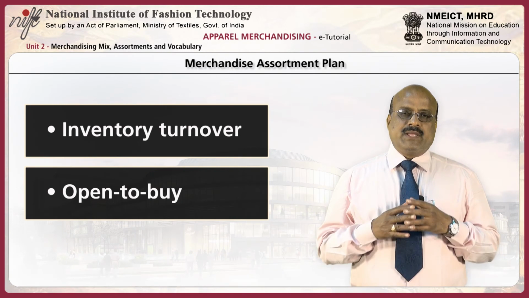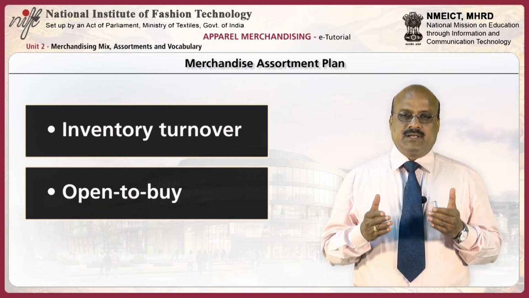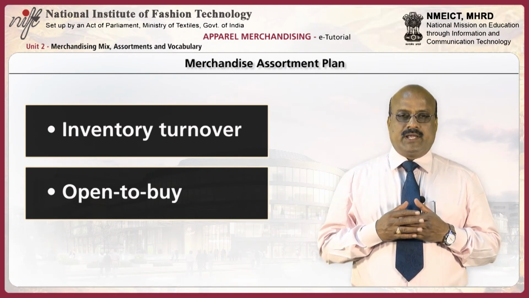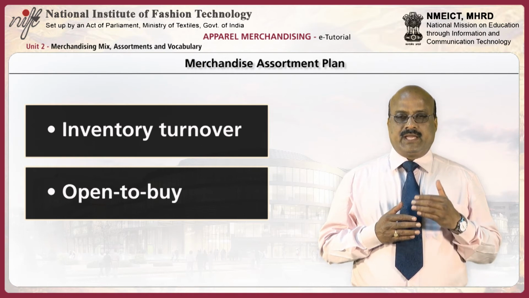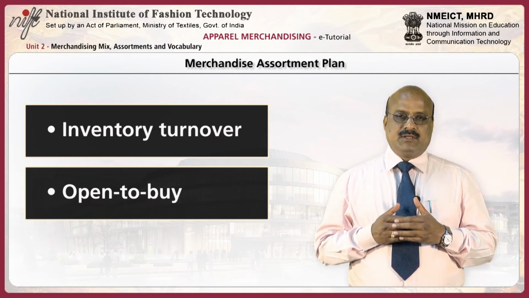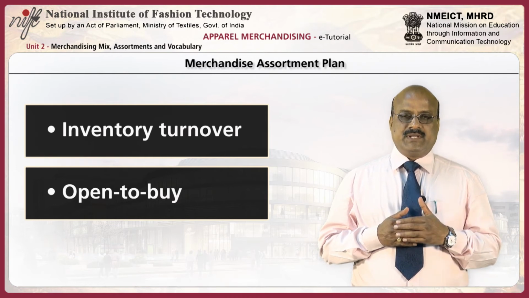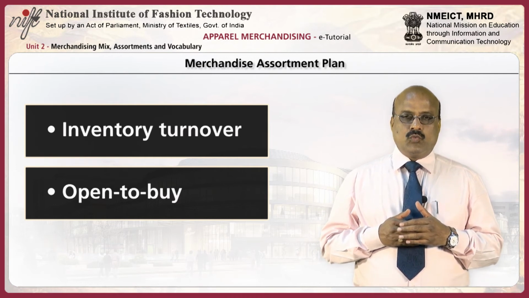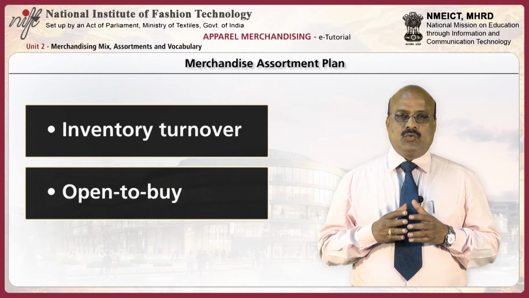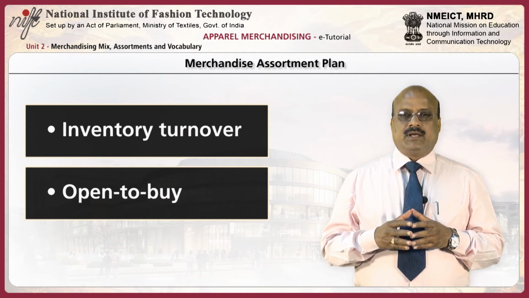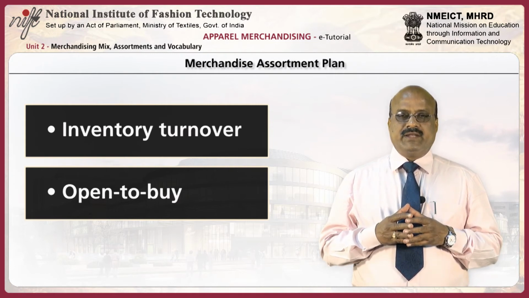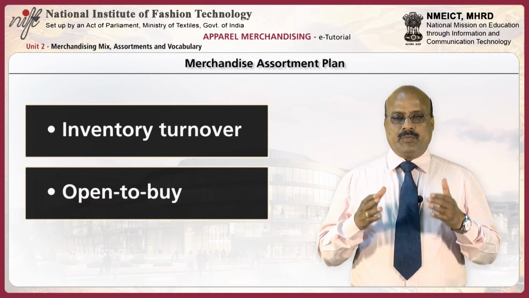Merchandise assortment planning requires continuous monitoring and adjusting the types of product lines that are needed and dropped from the merchandise mix. Two widely used methods to control assortment and support are inventory turnover and open to buy.